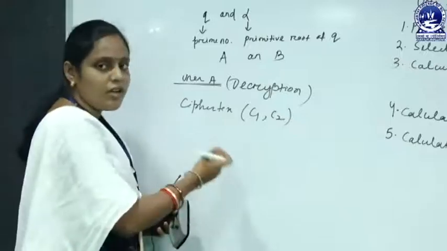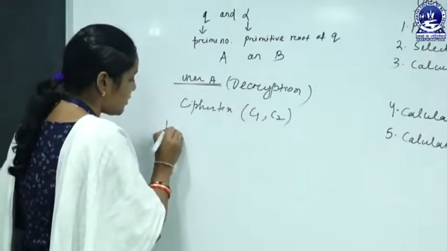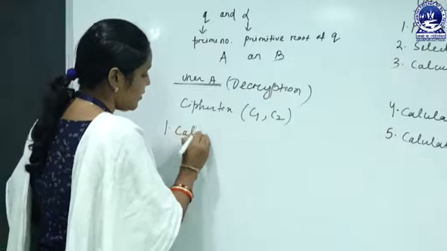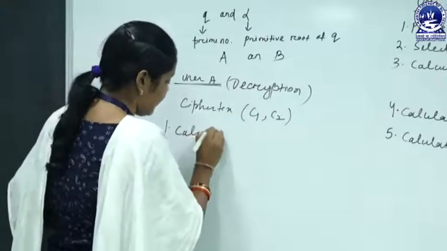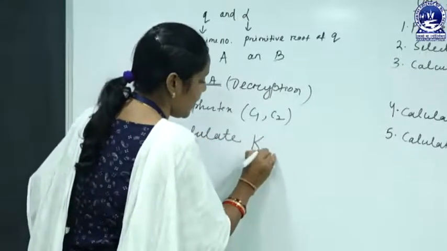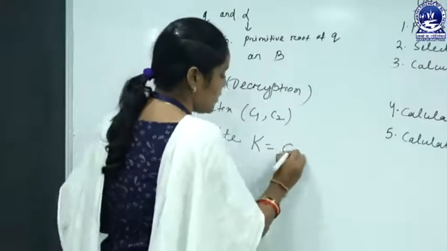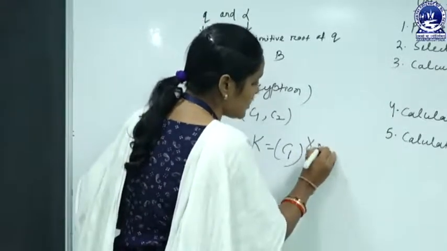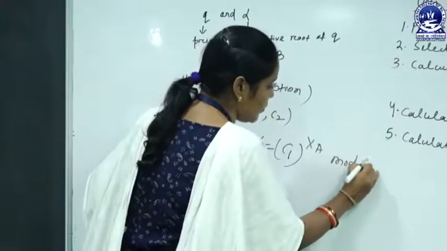Now user A decrypts this ciphertext by generating the secret key, that is, it calculates K, which is equal to C1 to the power xa mod q.